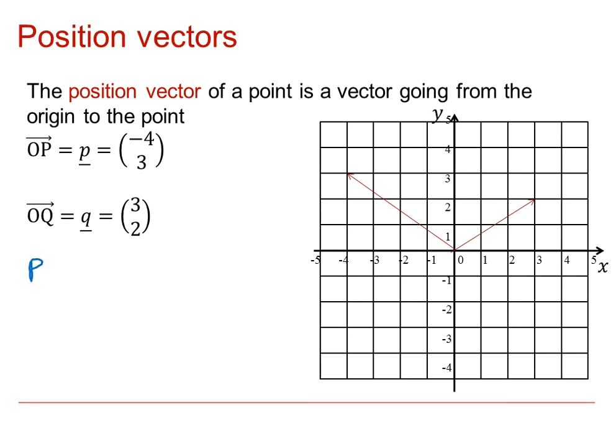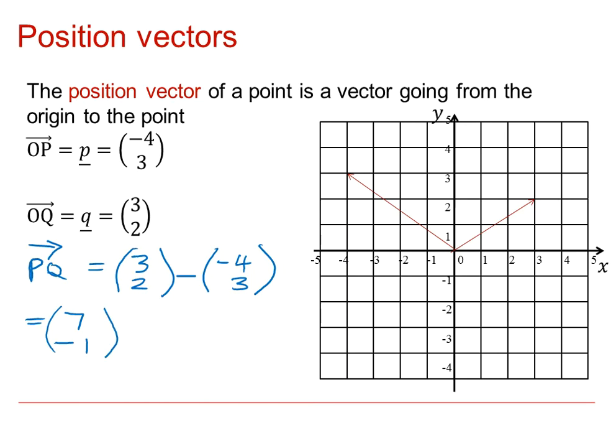If we wanted to find PQ, we would do that by looking at Q minus P, which would give us (7, -1). And if we were to draw that on this diagram, that would be that vector there.